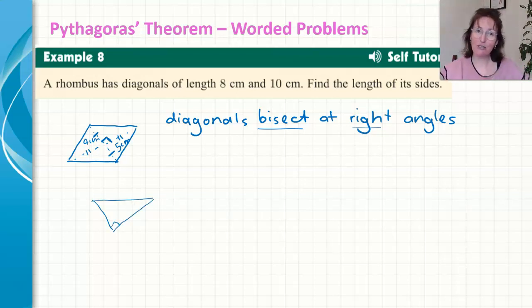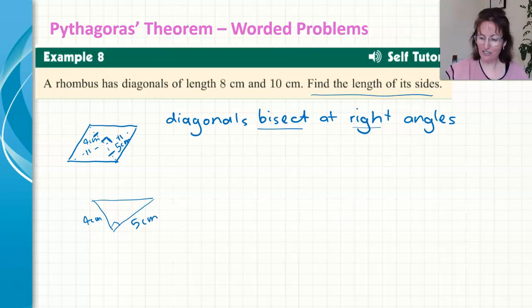So we've got a right angle triangle. I'll use the top one. We've got 4 centimetres on one side, 5 centimetres on the other, and we're asked to find the length of its sides, which are of course those exterior sides here. So we'll let that be x. Now, is x the hypotenuse or not? Yes, it is. It's opposite the right angle. So we'll use the version where the hypotenuse is on the left-hand side.